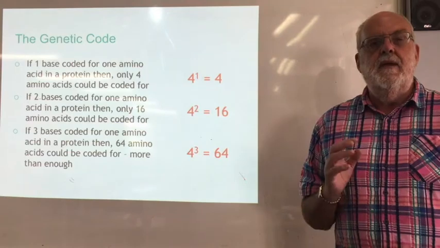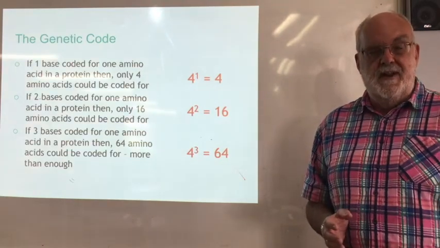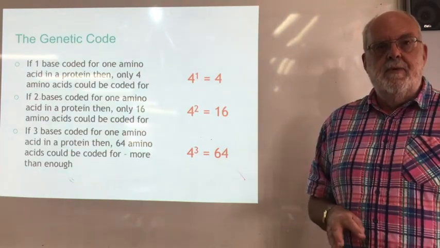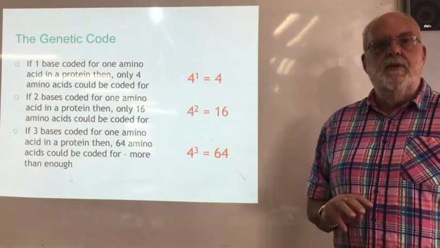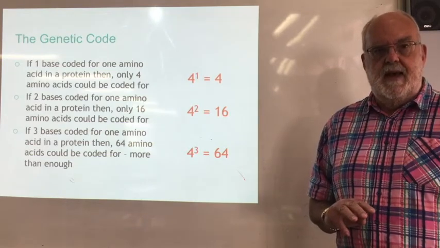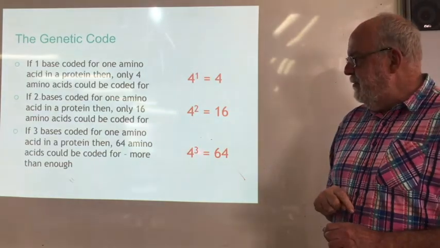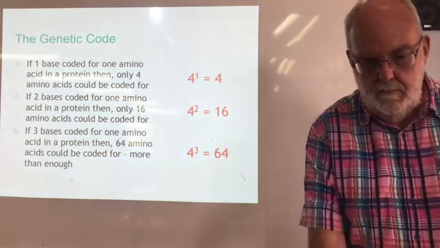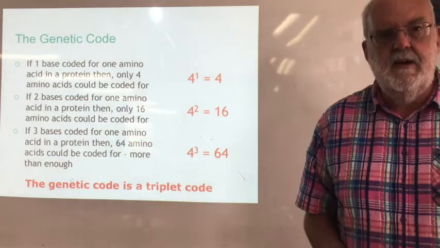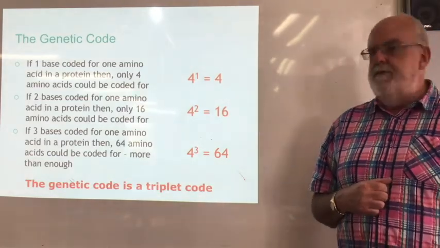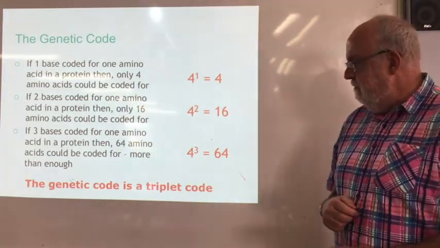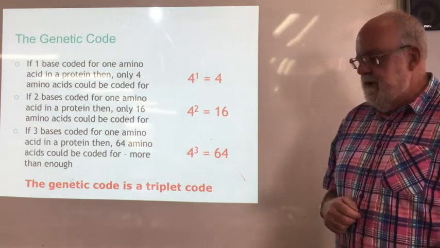And so biologists have concluded that the number of bases on a sequence of DNA that is going to code for one amino acid is 3. And so for that reason, the genetic code is referred to as a triplet code. Triplet, 3.